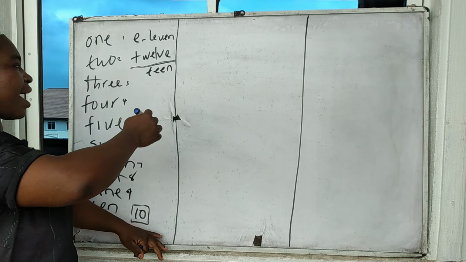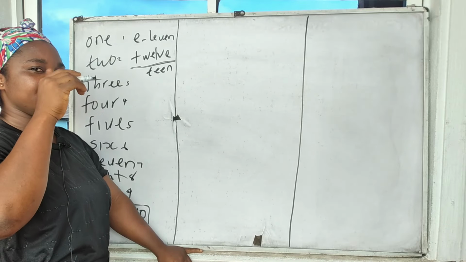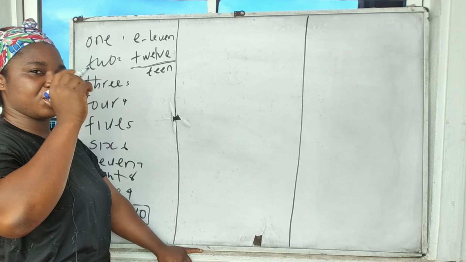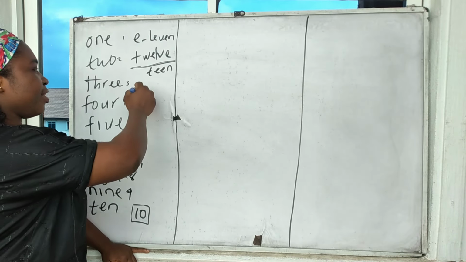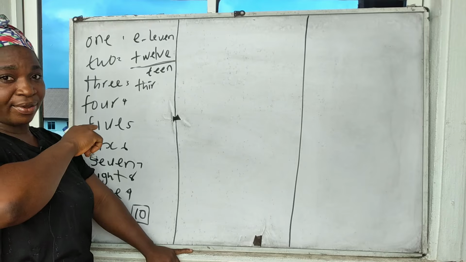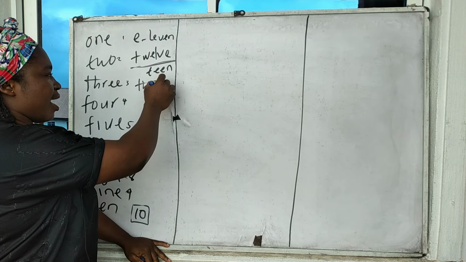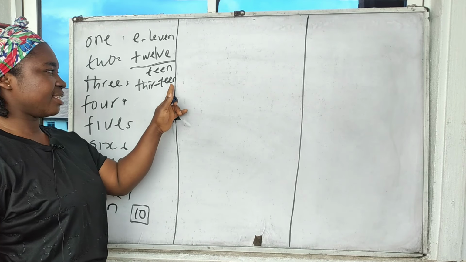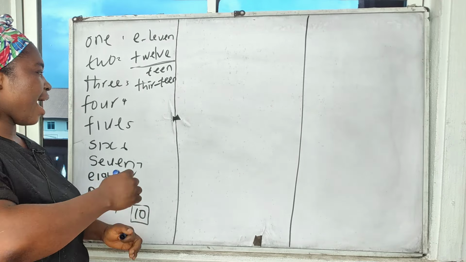Remember I taught you guys the THI, THA, THE, THO, THU. So we have the TH. Okay, I taught you guys about this. And 13 we have this to be 13.